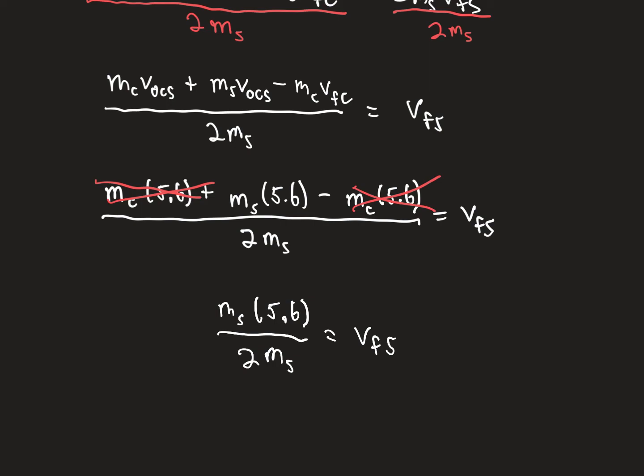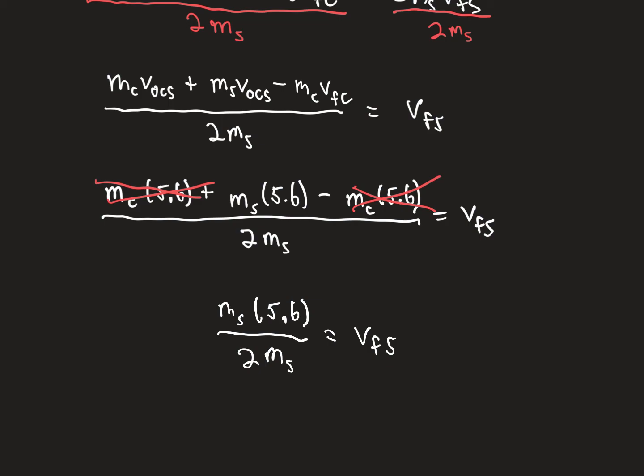Now, I'll admit to you, when I was solving this last night, making sure that I knew how to do it, I got it to this step, and I was like, oh crap, I did something wrong. I looked at the instructor's solution manual to find out what my mistake was, and it just gave me the answer. So I was like, I can't figure this out. I don't know what I'm doing. I'm a horrible physics teacher. What's going on? And then I noticed, oh, M child times 5.6 minus M child times 5.6, those cancel out.